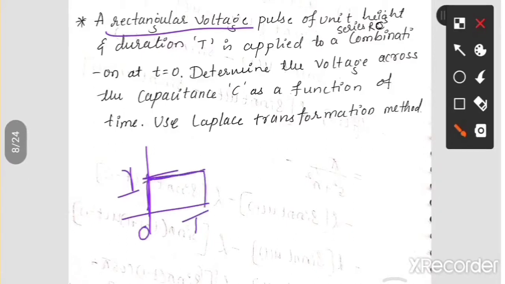This signal is rectangular pulse, voltage pulse of a unit height and duration is t, is applied to a series RC combination at t equal to 0. Determine the voltage across the capacitance C as a function of time. Use the Laplace transformation method.